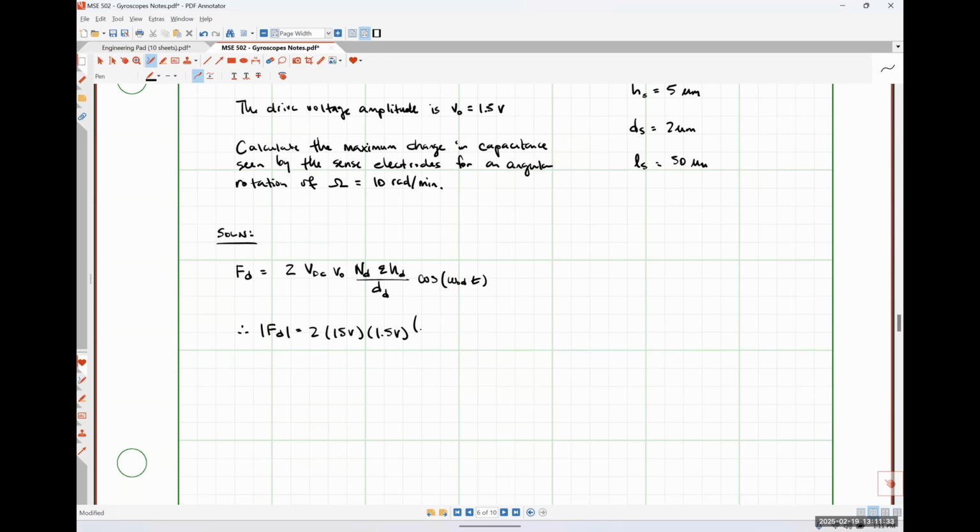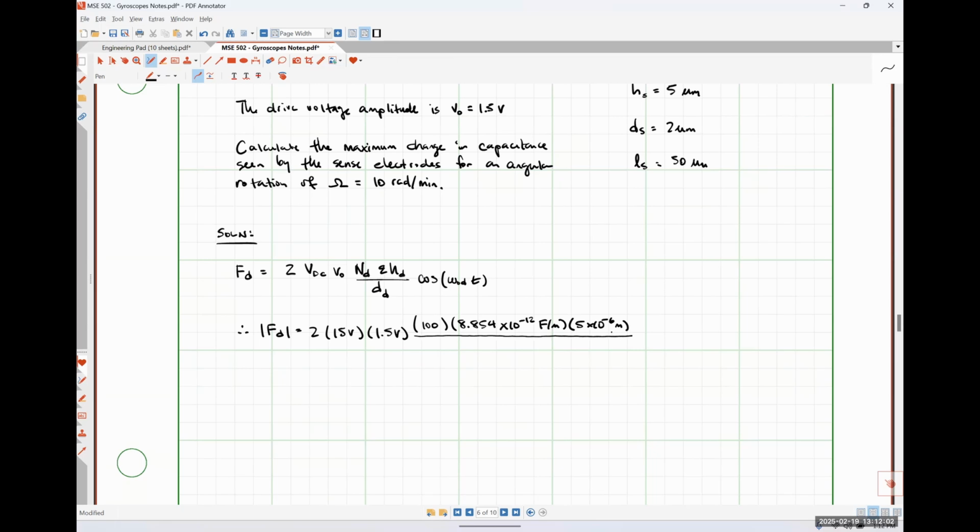Our number of overlaps per comb drive is 100. Epsilon in this case is going to be the permittivity of free space, so 8.854 times 10 to the minus 12 farads per meter. Our height is 5 times 10 to the minus 6 meters.